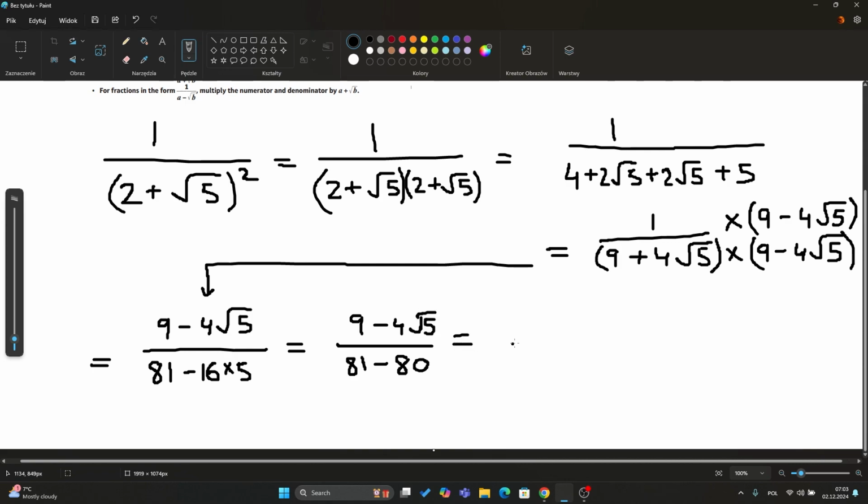So that will be 9 minus 4 root 5 over 1, which is 9 minus 4 root 5.